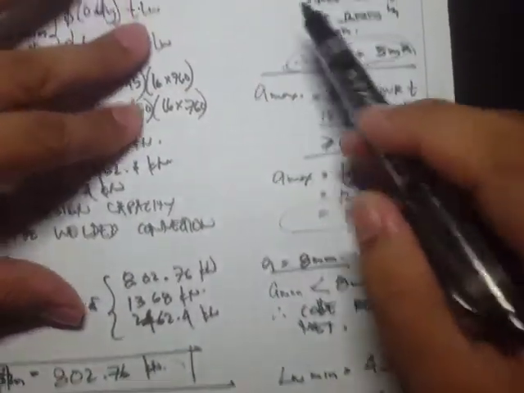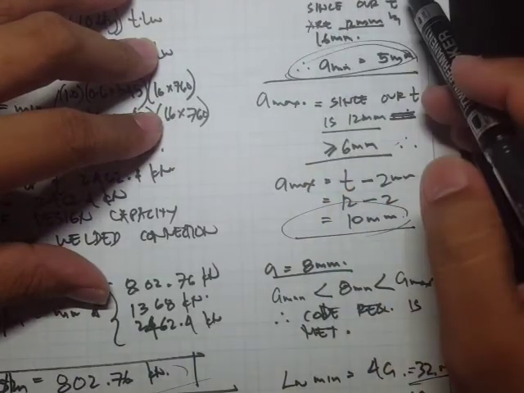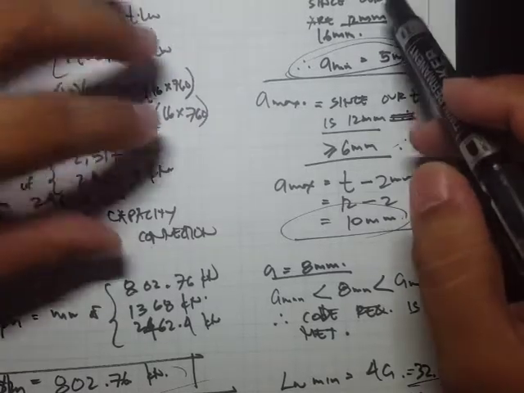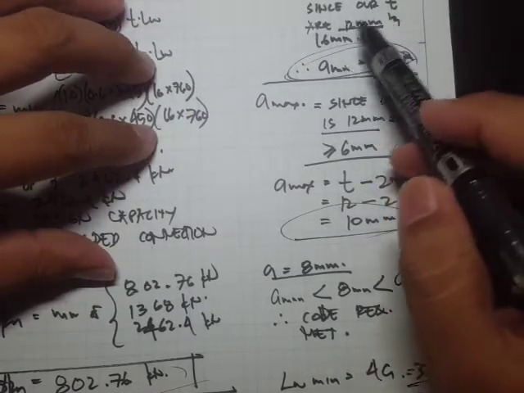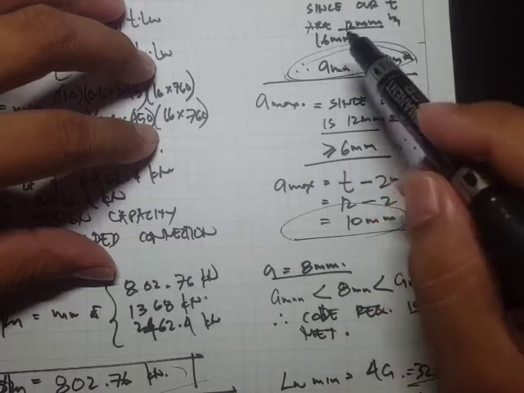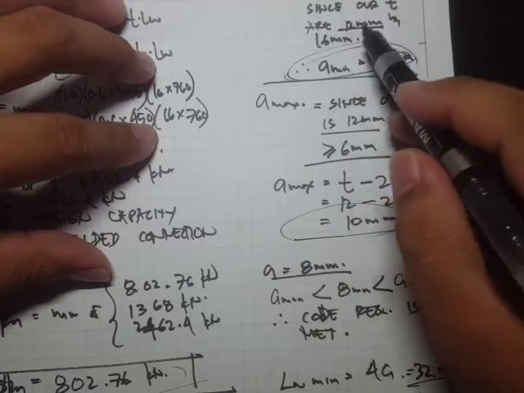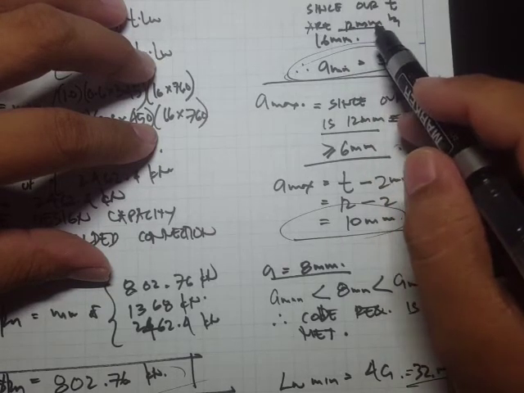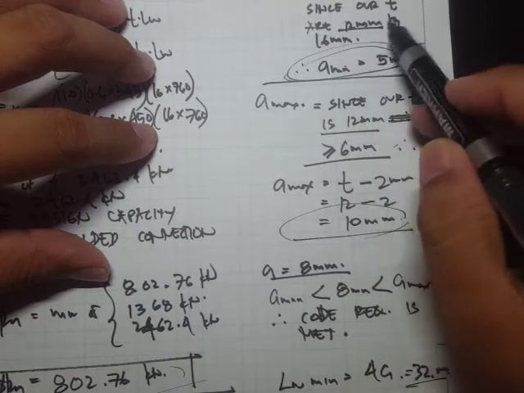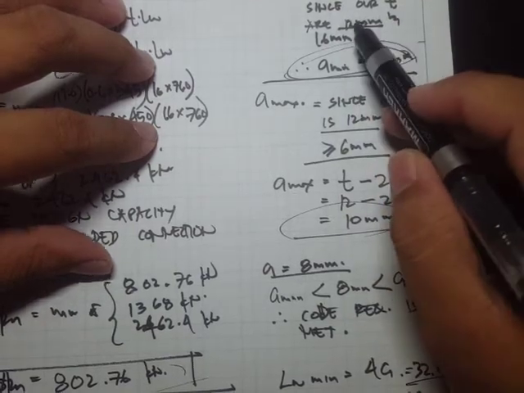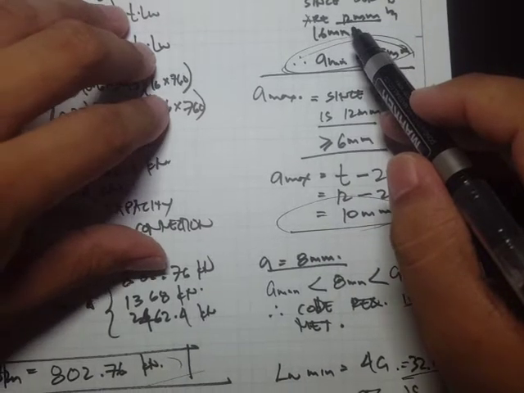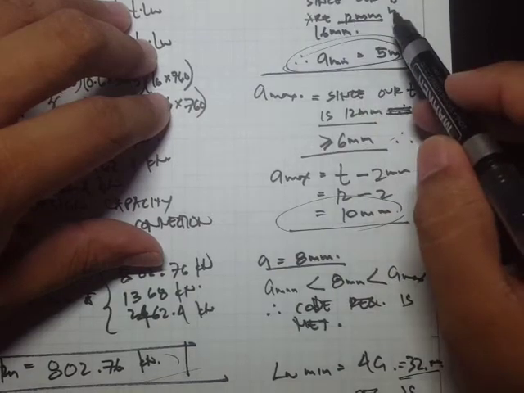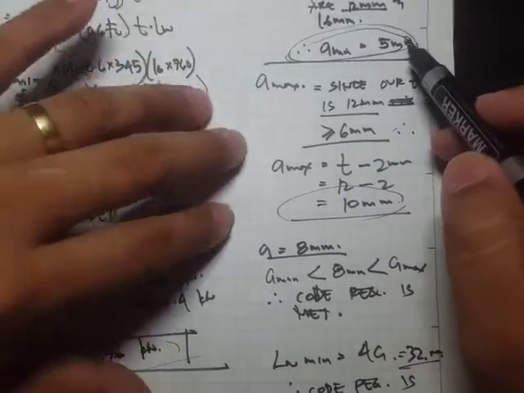weld size. Okay, so for the minimum weld size, you just go to the table, and since we have a thickness of 12 for the angle bar and then 16 mm for the gusset plate, then we just choose the minimum. We find that in the table. So in this range, I think that's 6 mm to 13 mm, it says that the minimum weld size is 5 mm.